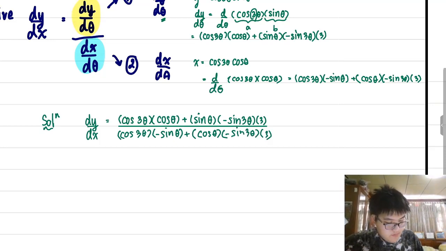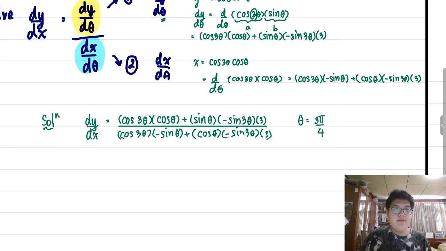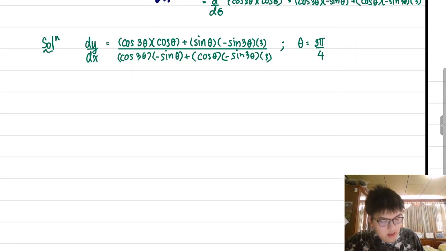And then we consider it at the point where theta equals pi over 4, and you will plug in the angle.